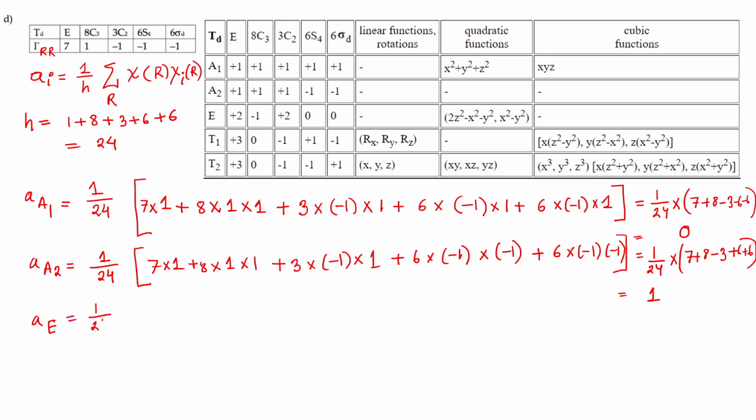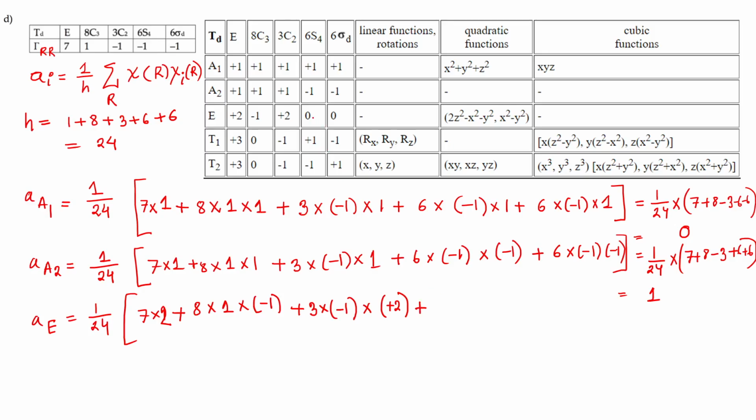What about E? 1 over 24, 7 into 1 plus 7 into 1, not 1, 7 into 2, right? 7 into 2, 2. 8 into 1 into minus 1, plus 3 into minus 1 into 2.